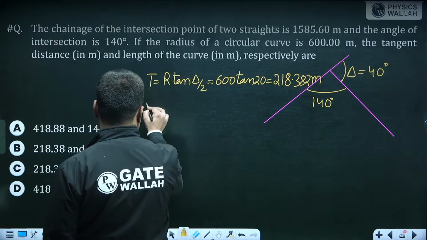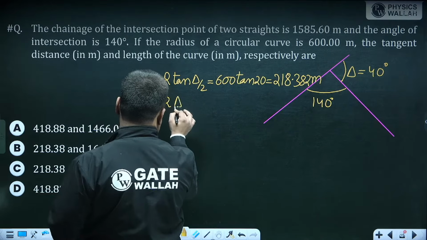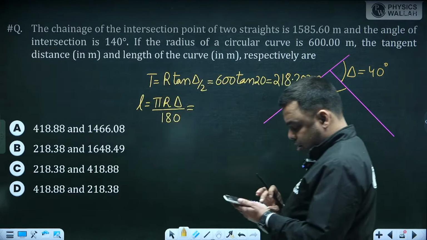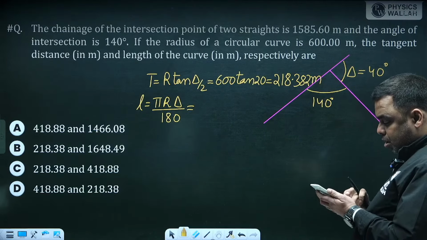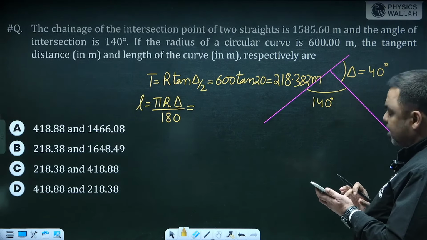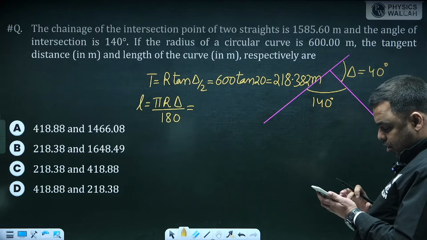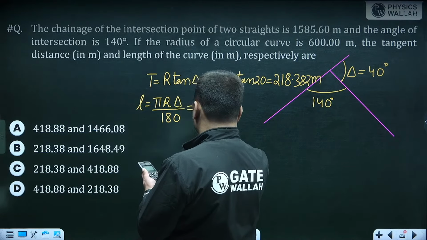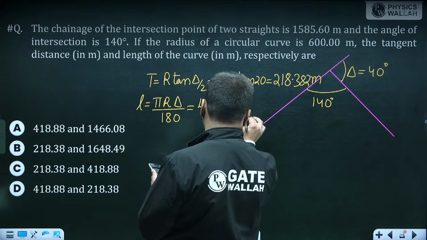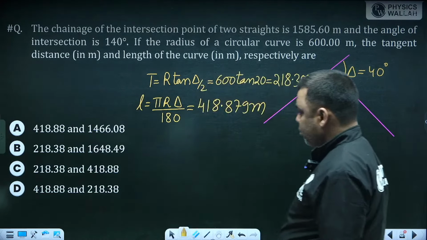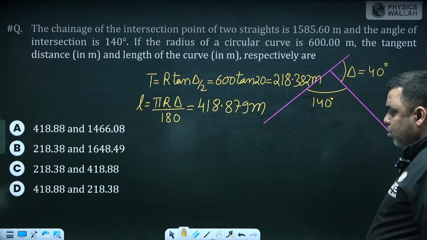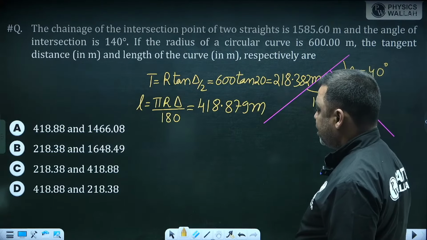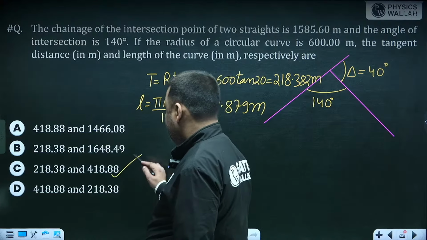Length of curve L, pi r delta by 180. Delta is 40. So it is 418.879 meters. So tangent length. Option C.